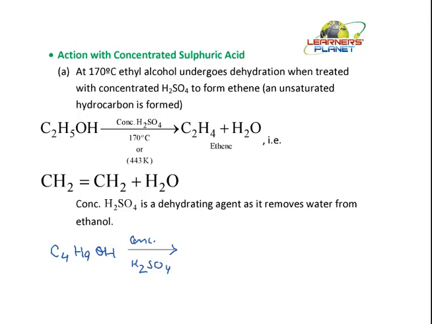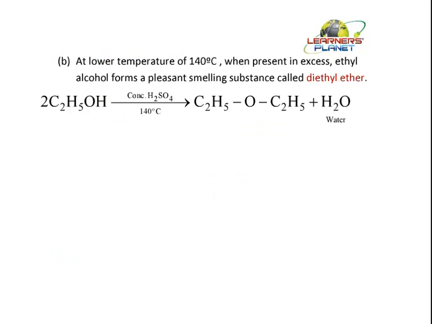Alkene. It is CnH2n. So it will form C4H8 plus water. That is your butene. So what is the role of concentrated sulfuric acid here? It is taking out that water molecule from ethanol. Now here, I told you temperature is very important here. You have to remember the temperature.